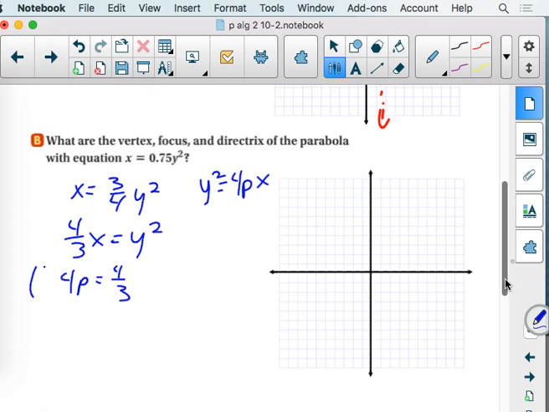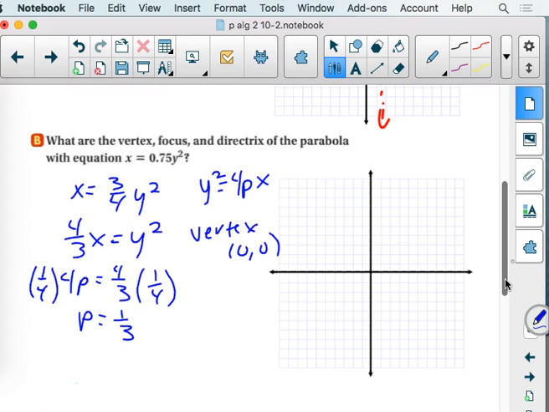You might want to even think, hey, let's go ahead and multiply both sides by 1/4. 4's will cancel. P is 1/3. All right, so now we're supposed to find the focus, the vertex, and the directrix, all from that, huh? Well, the vertex is easy. It's 0, 0. There isn't any HK business going on here. So vertex at 0, 0.